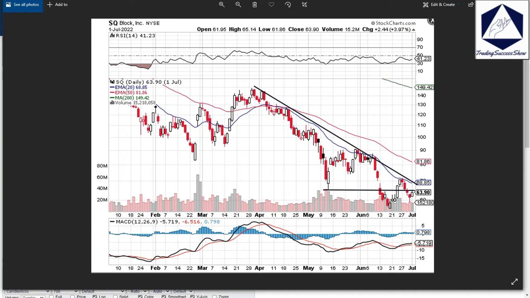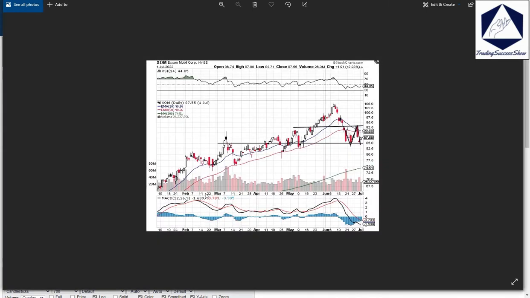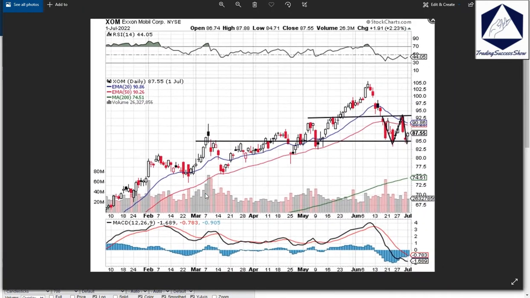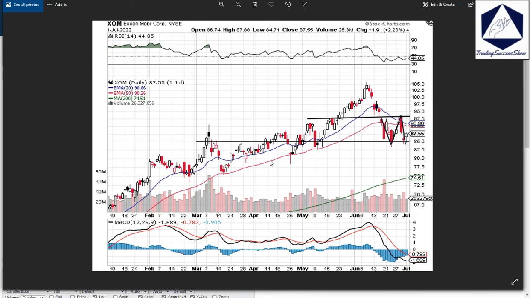It also reminds me of playing Exxon stock. Okay, this is Exxon, XOM. All right, Exxon, on this name I got some around the 50 exponential moving average, and this stock pushed all the way to 105. I sold some of my position around the 104, 105 area, and it did push right into 107.